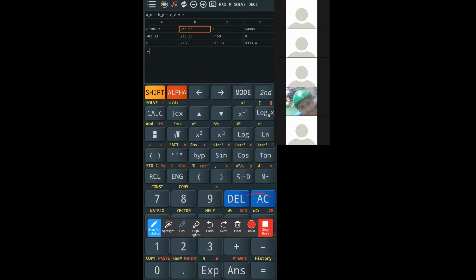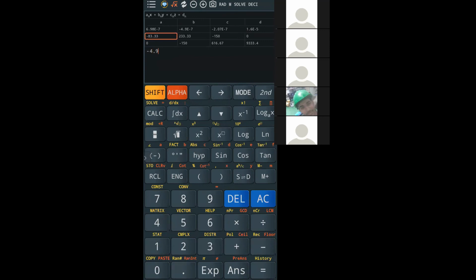Now put these values. Minus 4.90 into 10 raised to power minus 7. Then minus 2.07 into 10 raised to power minus 7. Then 0.016 into 10 raised to power minus 3.